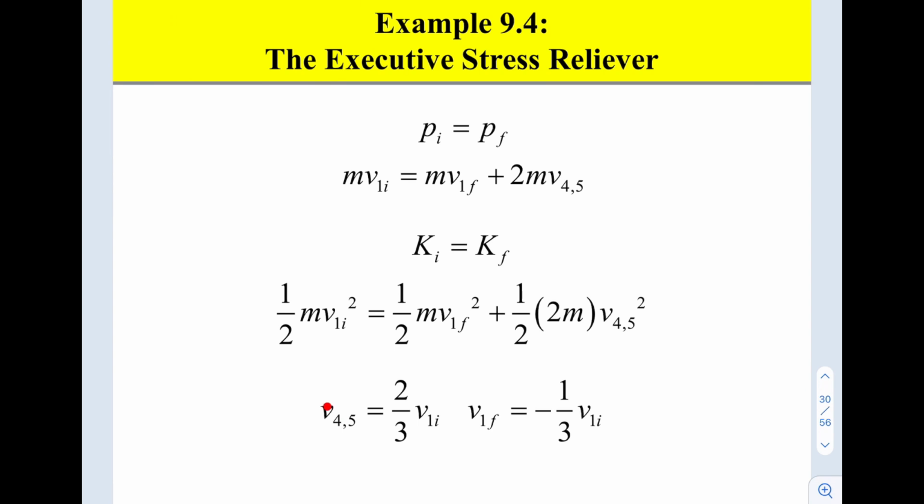So that means balls 4 and 5 are going to move together with 2 over 3 of the initial velocity of ball 1, and ball 1 is going to move in the opposite direction, or bounce, having 1/3 of its initial velocity. That is the meaning of our finding.